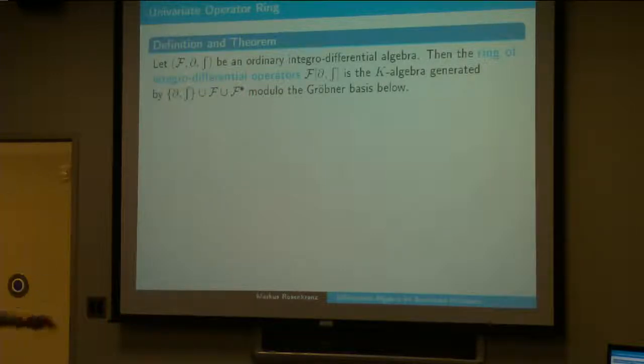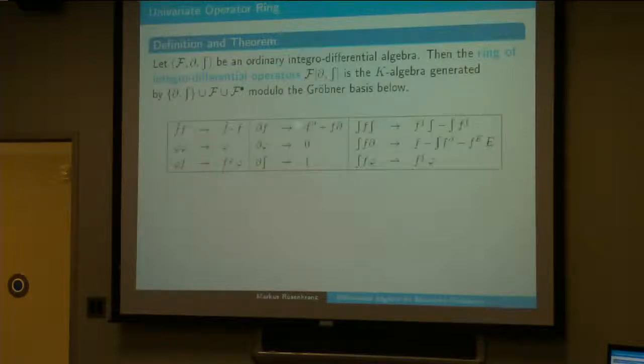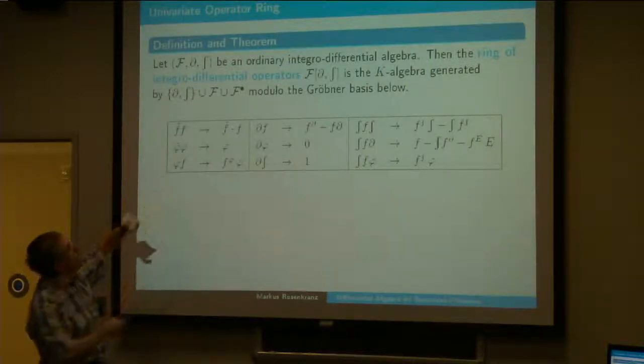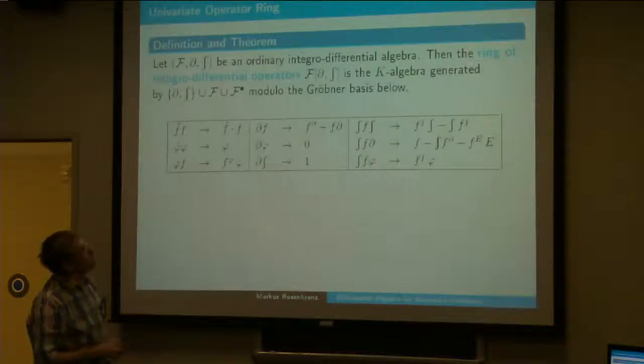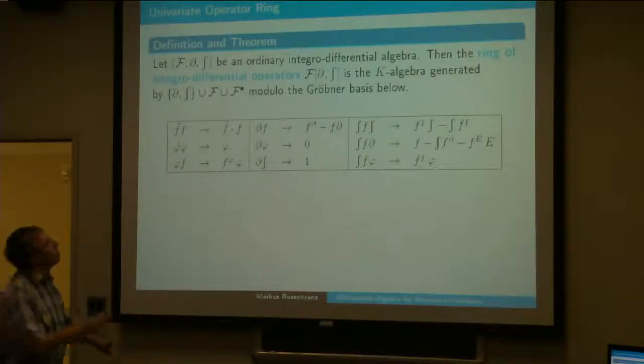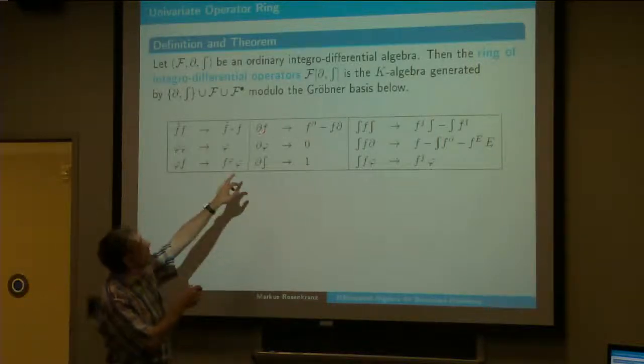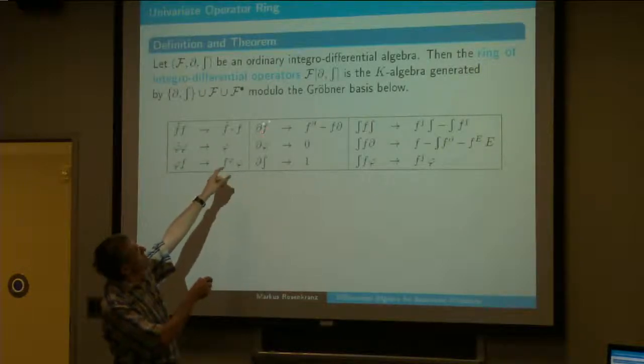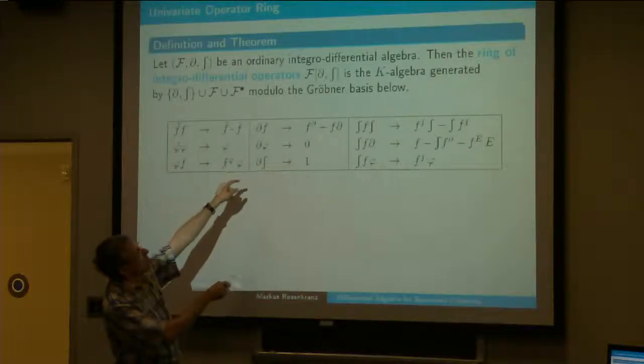And I have to factor out certain relations, and these relations just tell me how these various basic operators interact with each other. Okay? And most of them are really immediately recognizable, so that's the Leibniz axiom that says if a derivation is applied after a multiplication by f, then you just do this.